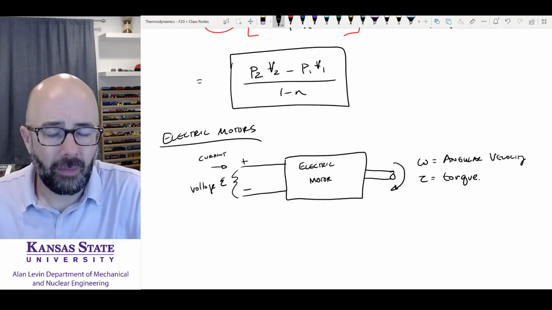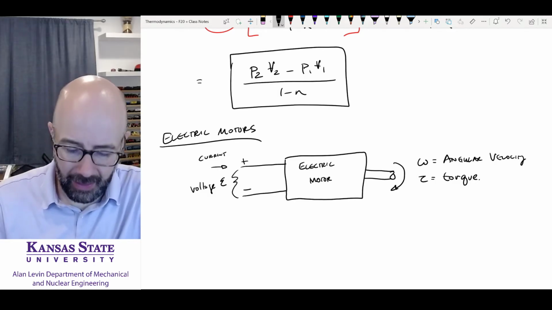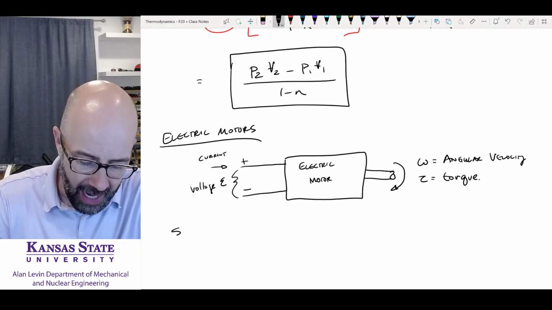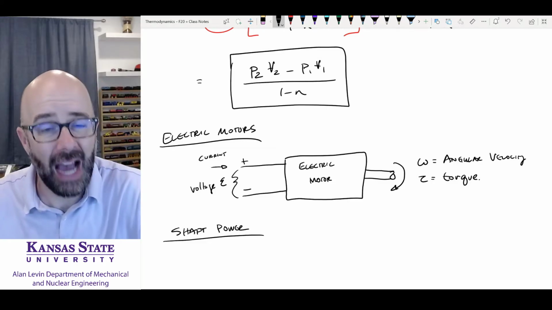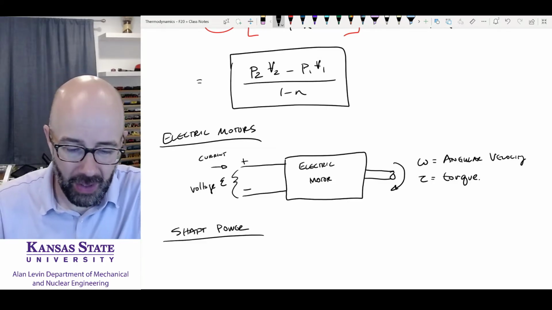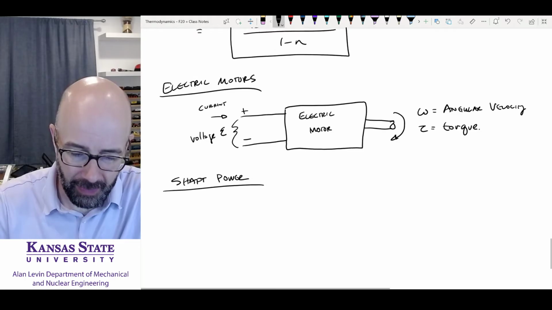Now, when we look at what I'm going to call the shaft, we're going to talk about power here, because in an electric motor we're going to be dealing with power, which is the time rate of change of work. Let's understand some things here.